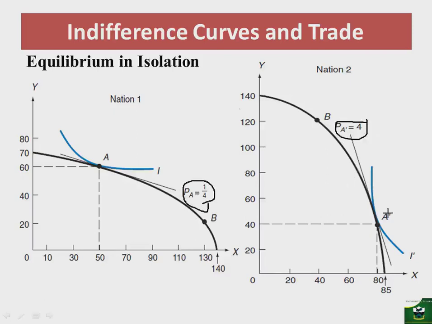And as such, nation 2 has a comparative advantage in the production of Y. And if we allow the two nations to trade, to specialize, it means that nation 1 will specialize in the production of commodity X and move to point B, and then nation 2 will specialize in the production of commodity Y and also move to point B there, where the terms of trade for the two nations will be equal. And only at that point will the nations cease to have comparative advantage.